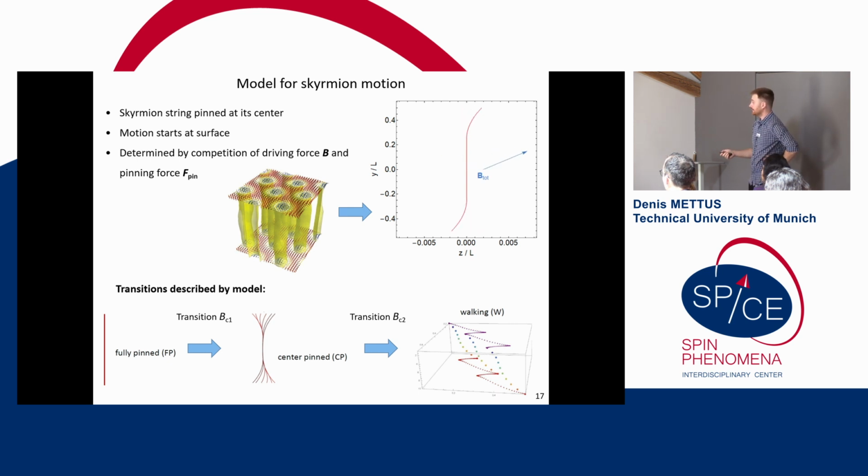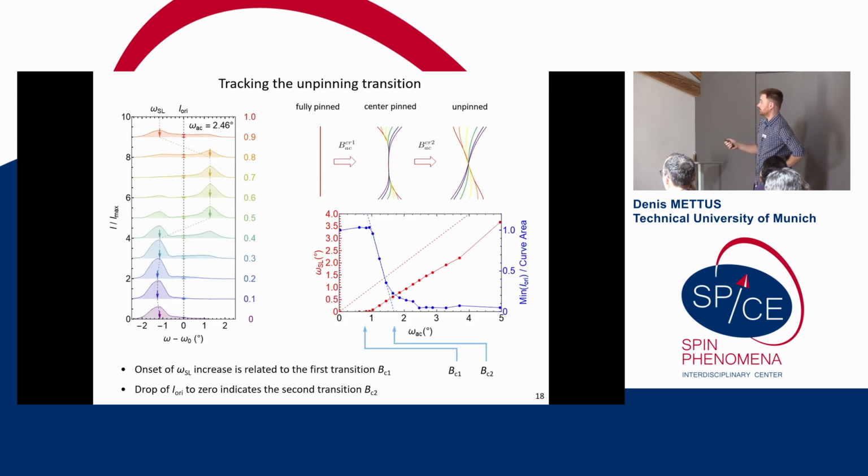Translating this picture to the rocking curves, it would look something like this. These are the rocking curves as a function of time, the time within the cycle of oscillation. This is the rocking peak position, which moves trying to follow the field, and this value is the intensity at the center, the intensity at the original field direction.